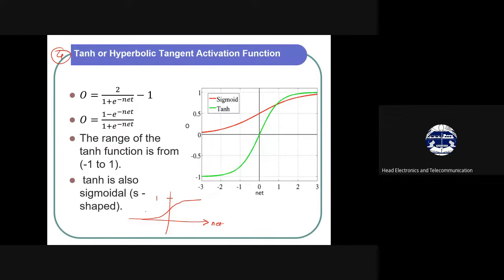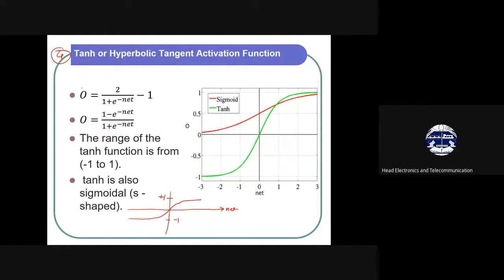I multiply this signal by 2, so I increase it by 2, and subtract 1 from it. If I multiply this by 2, this is the scaled, magnified version, and if I subtract 1 from this signal, there will be a DC shift in the negative direction and my signal will look like this. This will be net, this will be plus 1 and this will be minus 1.